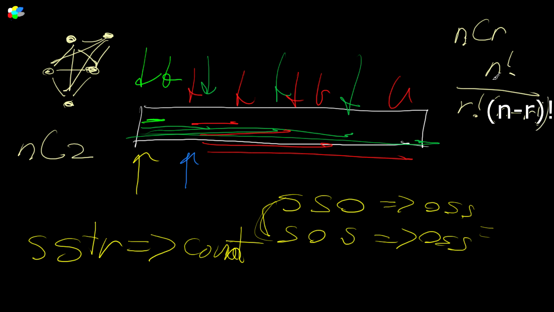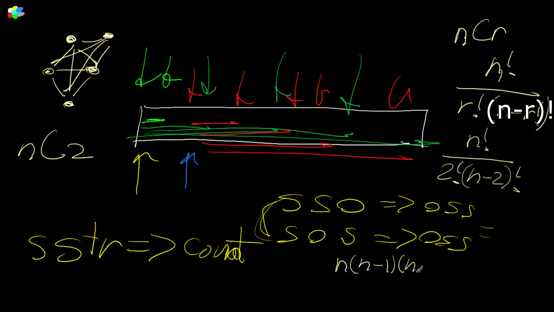Now, in our case, R is equal to 2. So it's N factorial over 2 factorial, which is just 2, times N minus 2 factorial. Now, if we expand out N factorial, we know that N factorial is N times N minus 1 times N minus 2 times N minus 3, minus 4, minus 5, whatever.